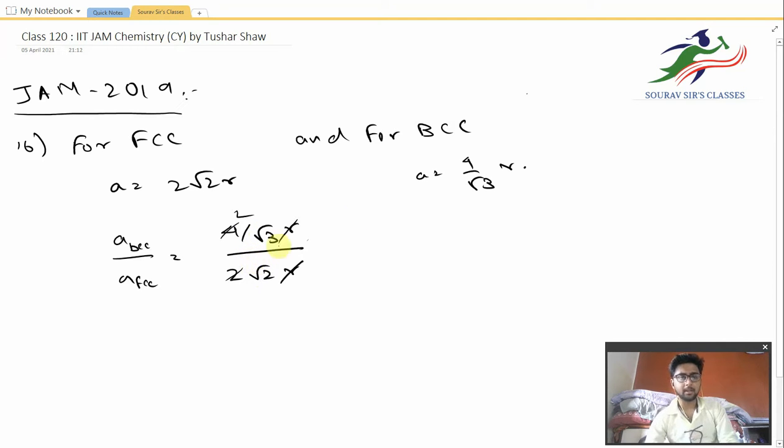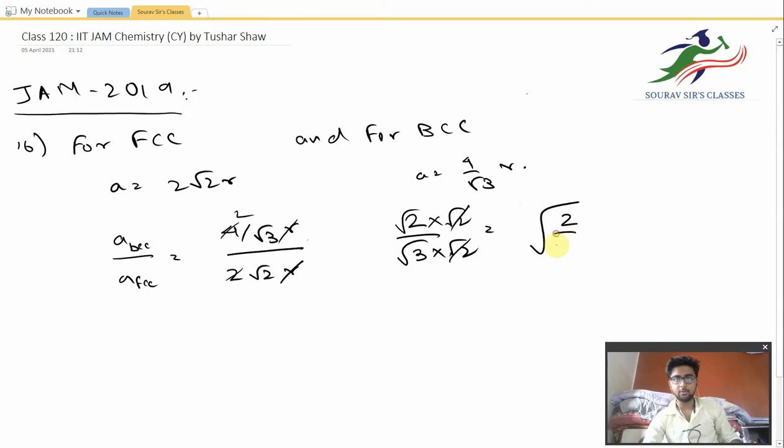What remains is 2 divided by root 3 into root 2. We may also write this 2 as root 2 into root 2. So the proper answer would be root 2 divided by root 3.